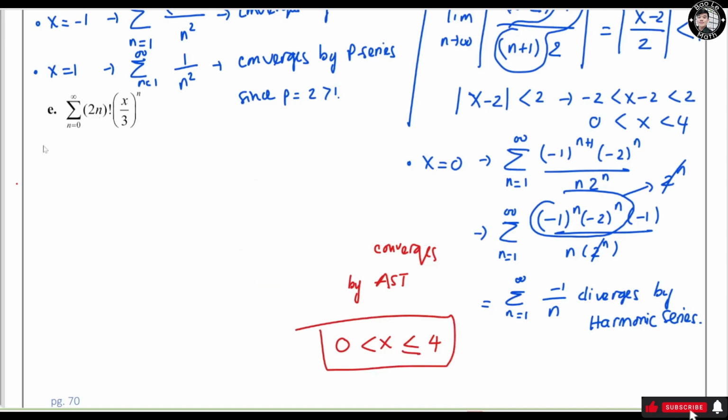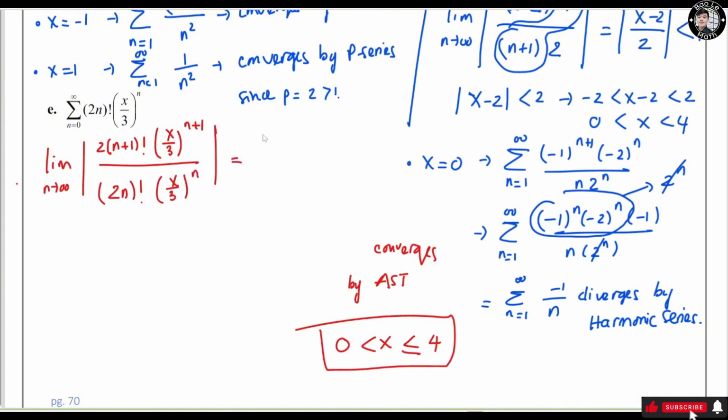Now let's move on to question E. We're going to set up the limit of the absolute value of (2(n+1))! times (s/3)^(n+1), divided by (2n)! times (s/3)^n.